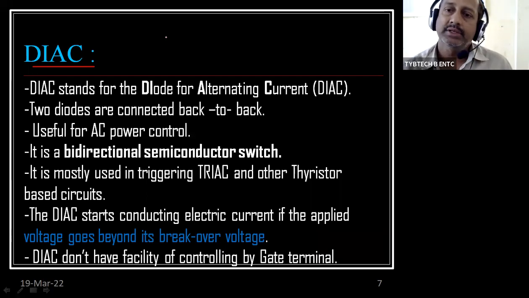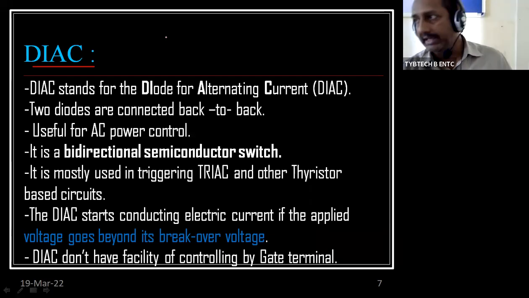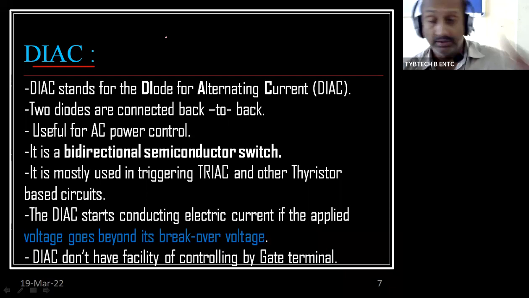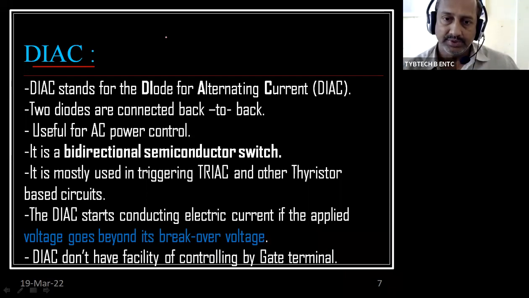So two diodes are connected back to back, useful for AC power control. It is bidirectional and it is mostly used in triggering the triac and thyristor based circuits. So all the brief summary about the DIAC is mentioned in this slide.